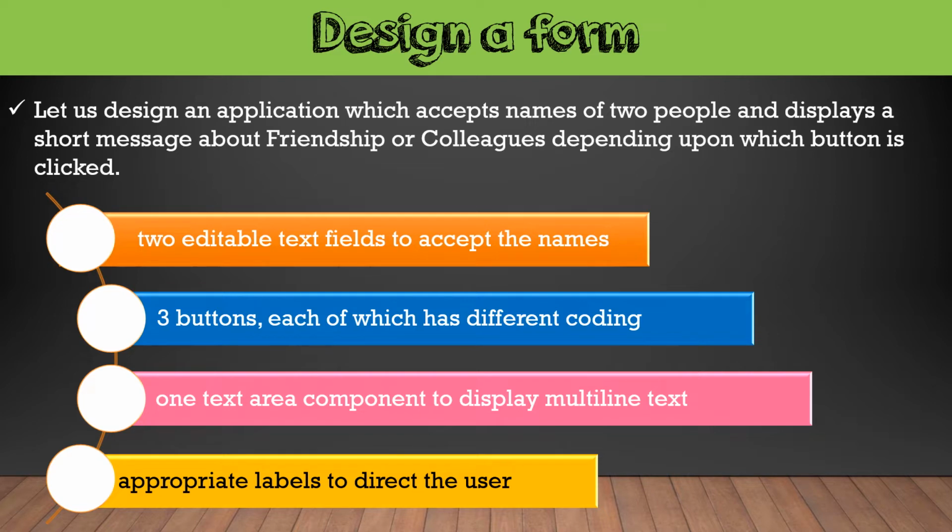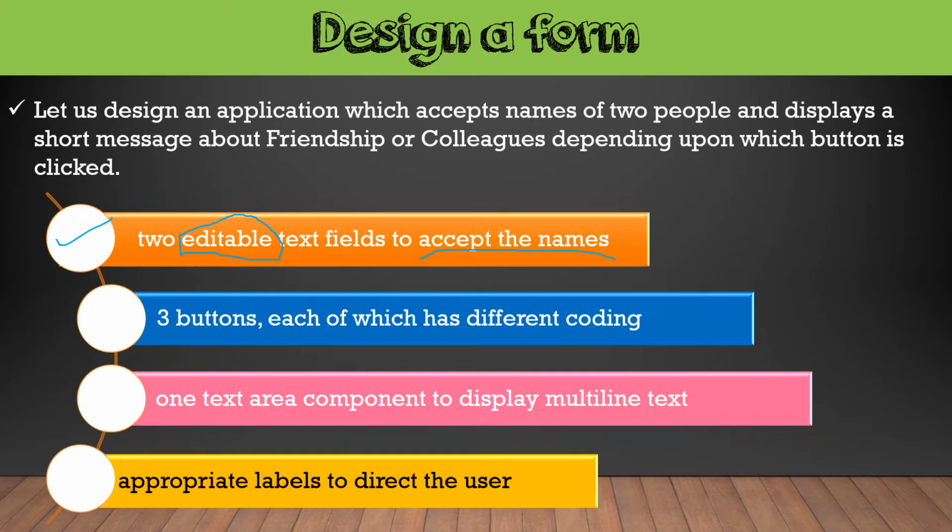So let us see what are the components that we require. First of all, two editable text fields to accept the names. As you know that whenever we are going to accept the input in the text field, then we have to set it as editable. So that is why they will be editable, because we are accepting the names, means the input from the user.